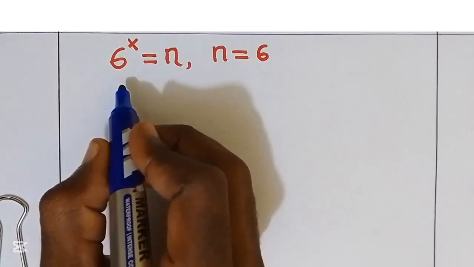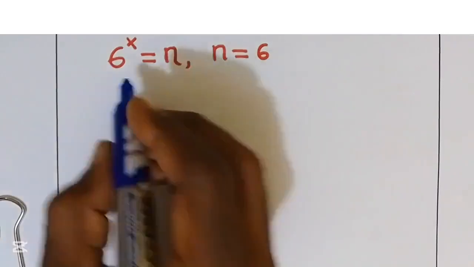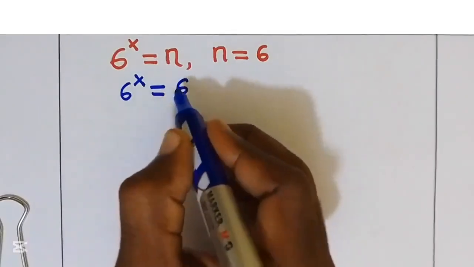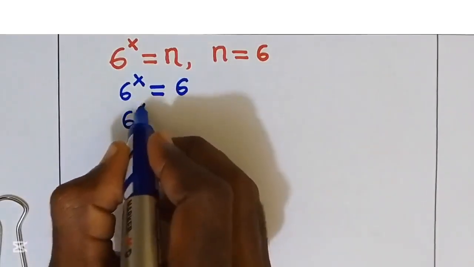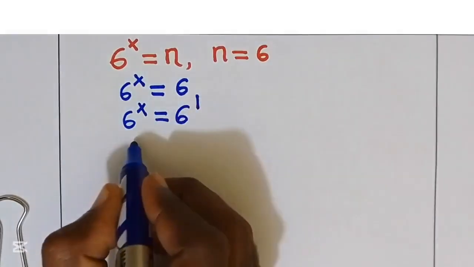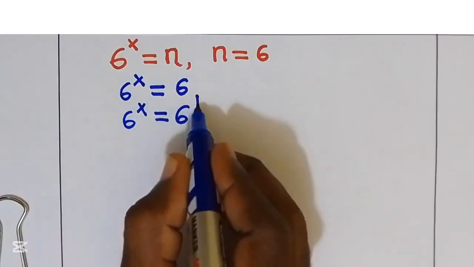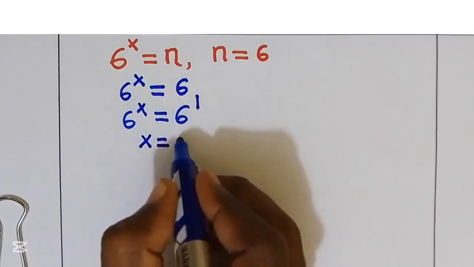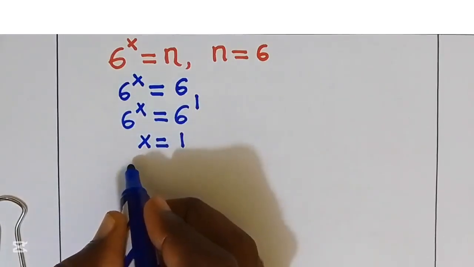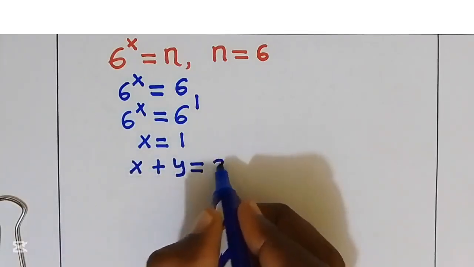Let us find the second solution when n is equal to 6. I'm going to substitute 6 power x is equal to 6. 6 power x is equal to 6 power 1. If the bases are the same, the powers are the same also. So x is equal to 1. From equation number 2, x plus y is equal to 3.